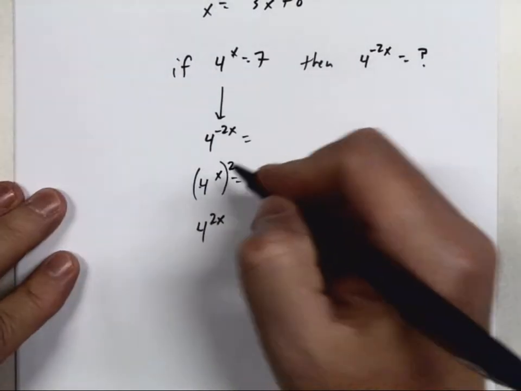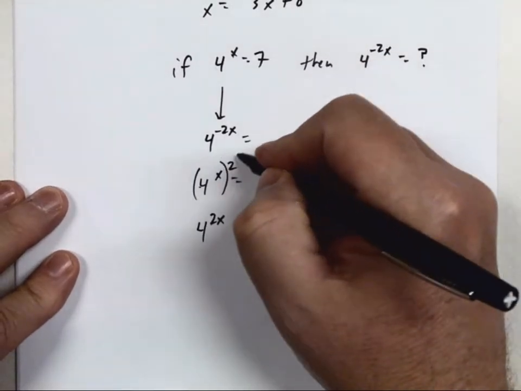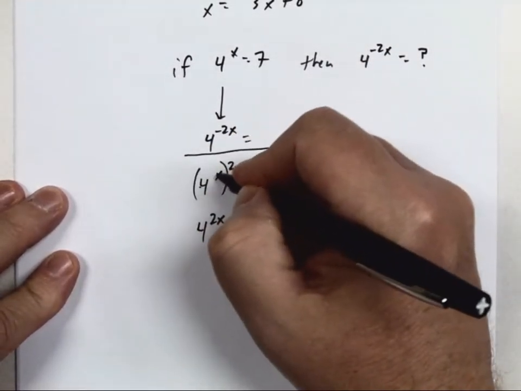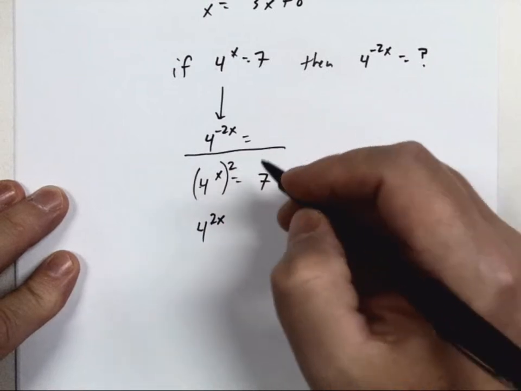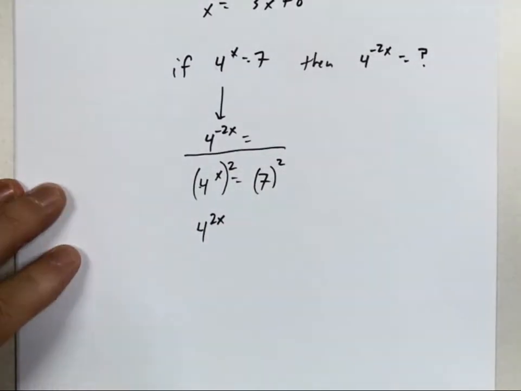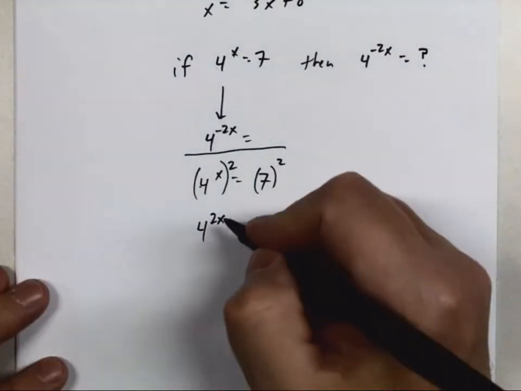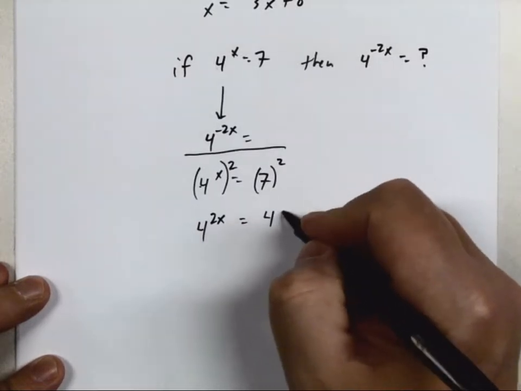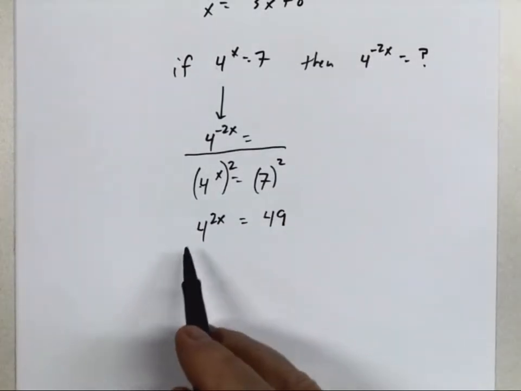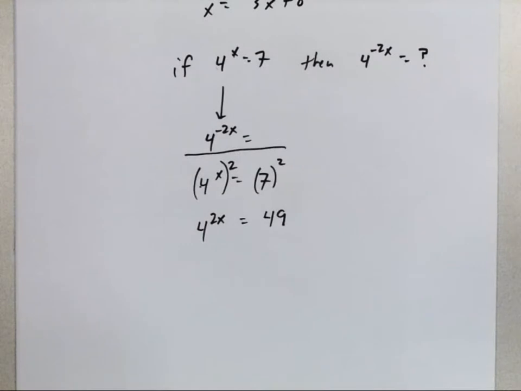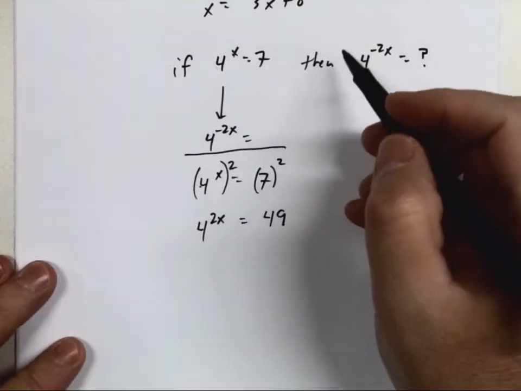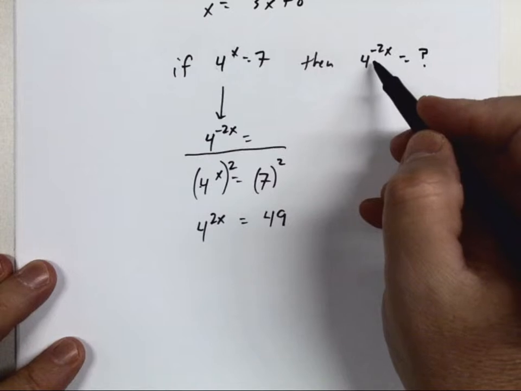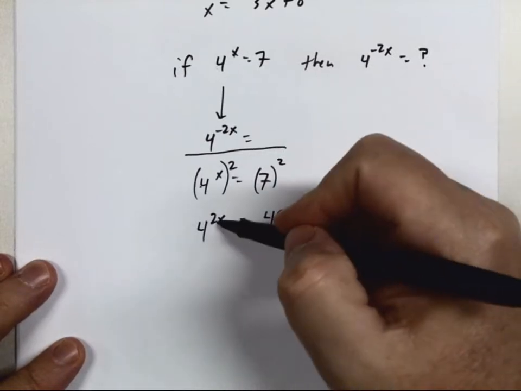So of course, I squared this side, so I have to square this side. So I have 4 to the 2x equals 49, but if I look up here, what I really want is 4 to the negative 2x.